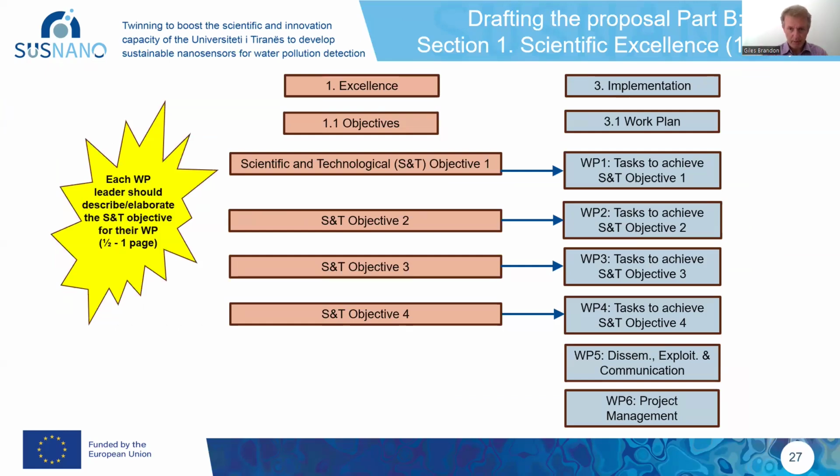What I'm saying with this particular slide is, look, whoever's your work package leader, work package 1, she or he, you'll be asking them to write the text, between half a page and 1 page, depending on the particular page constraints you have. But that person should be writing the scientific and technological objective 1. Similar story for scientific and technological objectives 2, 3, 4.